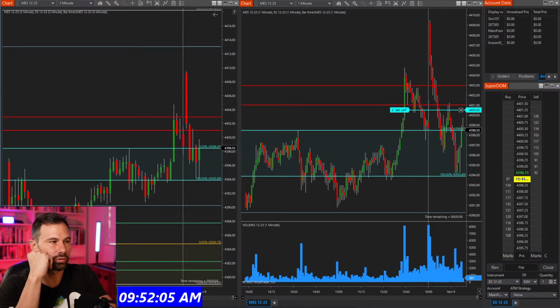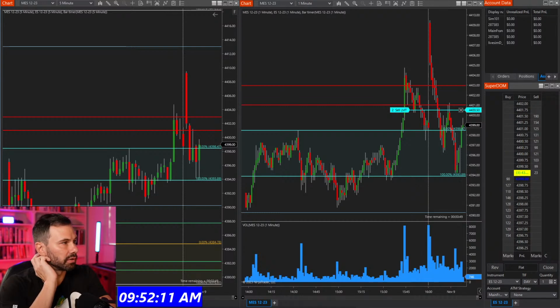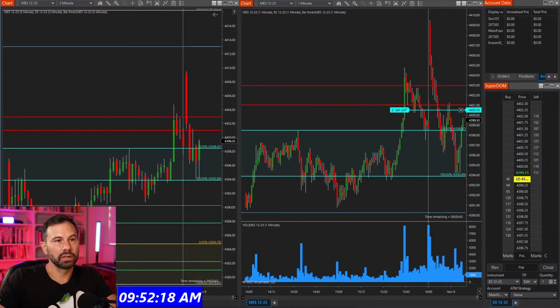Nice. So the retracement is good on the tick, not going through plus 300. Let's see if we can get filled in this. But I have two entries. I have 4450, and then I have 4403.